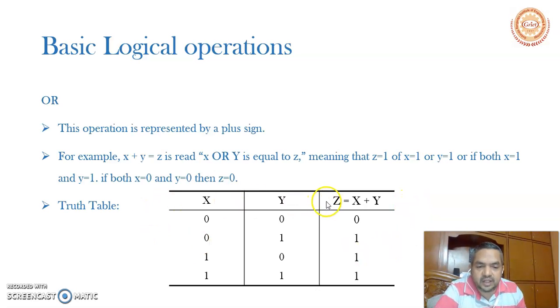If you see this truth table, except when x is equal to 0 and y is equal to 0, the output is high. When both are 0, then z is equal to 0. From the truth table, the definition is: the output of an OR operation is high if at least one input is high.